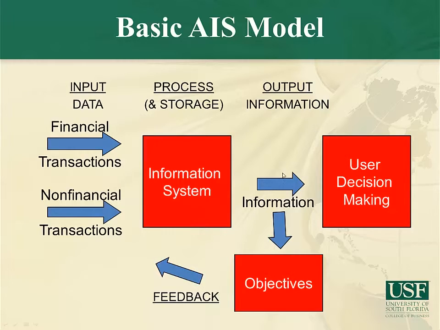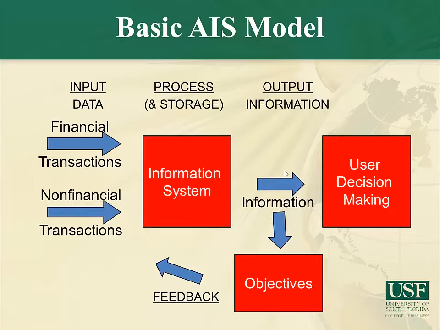Out comes information, this data that has been made useful by that transformation process. And then it's used by various decision makers. Could be stockholders, could be managers. Again, this information is inspected and used and tested. For example, it goes through an audit process. Users themselves are constantly testing it for its usefulness. It's tested against various objectives.